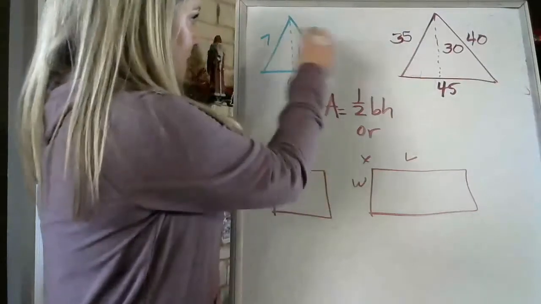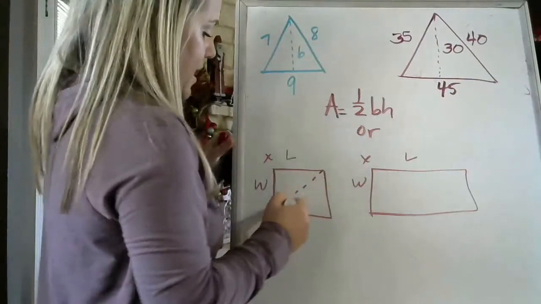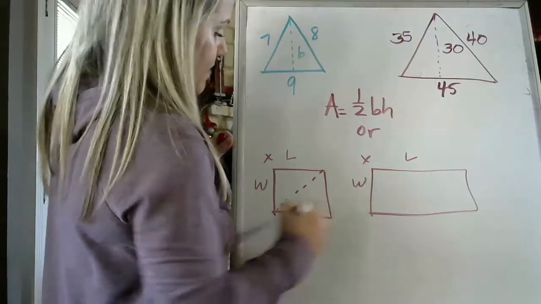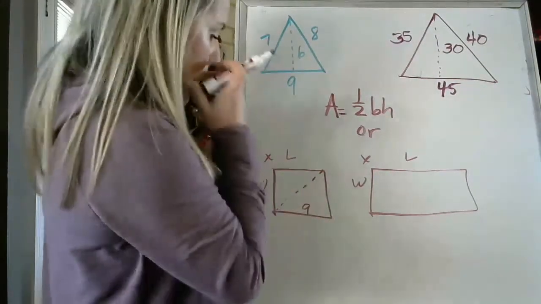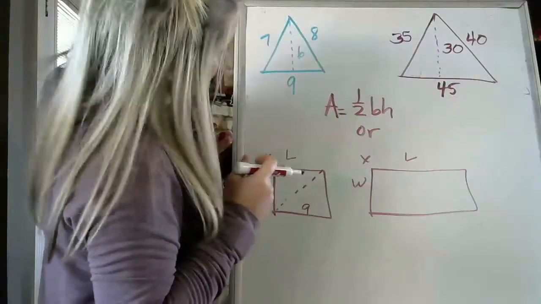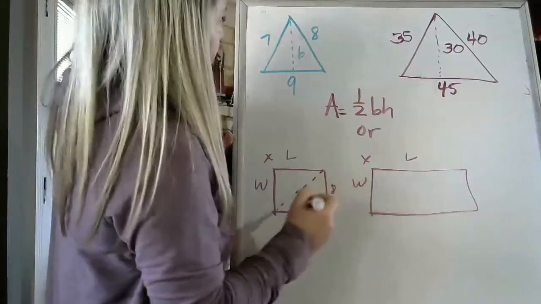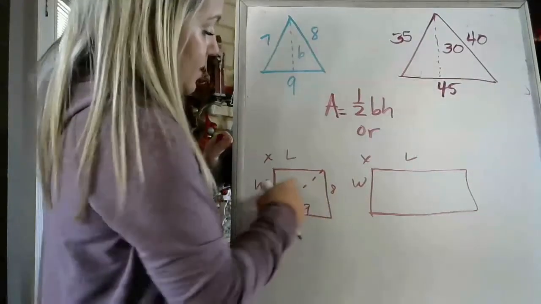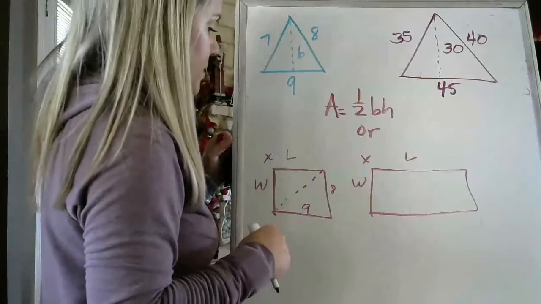So let's use these. Okay, so let's say that it is 9, and then, let's see, 9 and 8 and 7. I don't really have that 7 right. That's not even proper measurements.